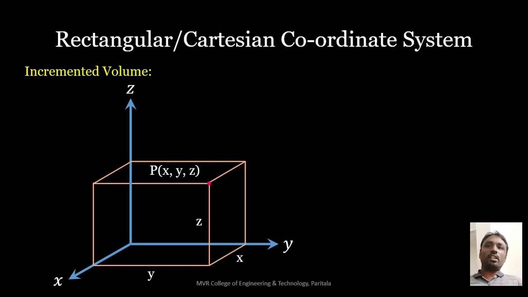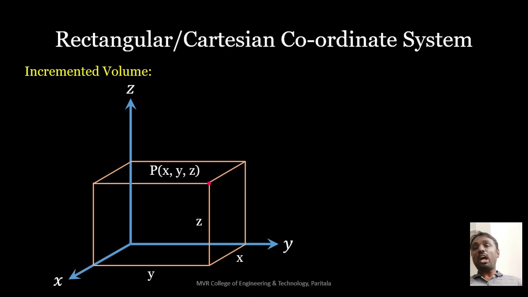So the area of that rectangle is x into y. And then what is the height here? From the xy plane, how much height does that point have? Z height. So x, y into z gives the volume of this rectangular box. You already know x, y, z simply, I think.